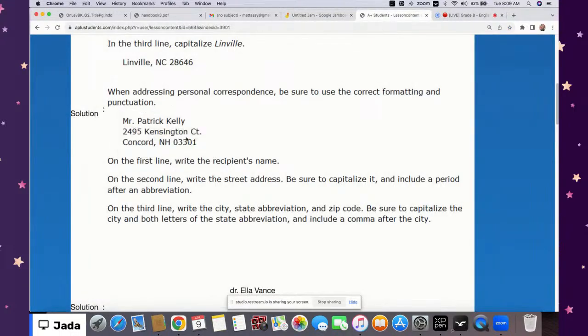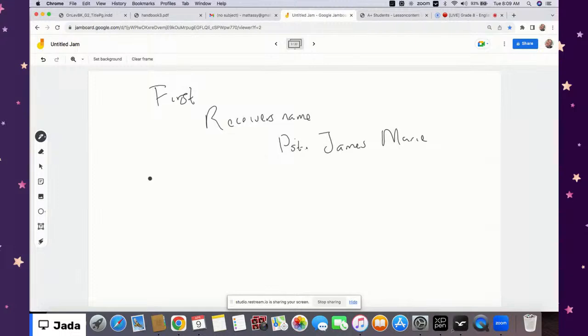And then the next one is the second line. Write the street name, be sure to capitalize. So next the street name, okay? And you put your period here.